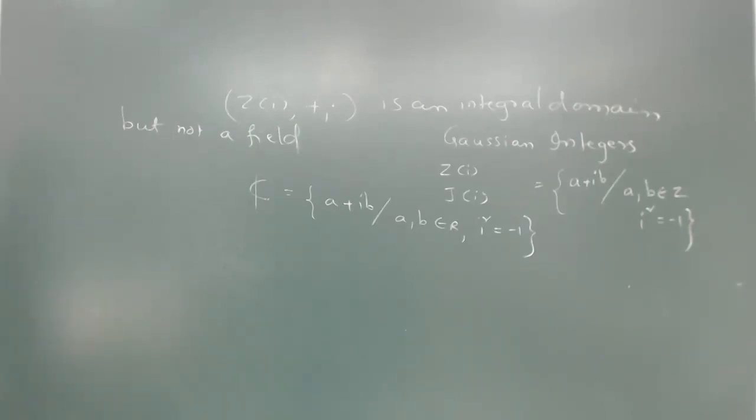So this is the problem I take now. Clear? So what is meant by Gaussian integers? Clear to all?